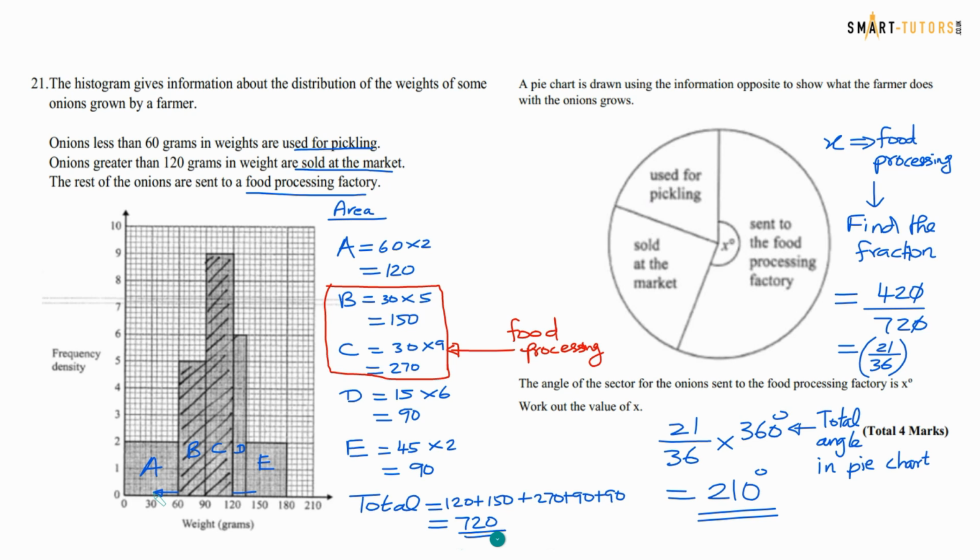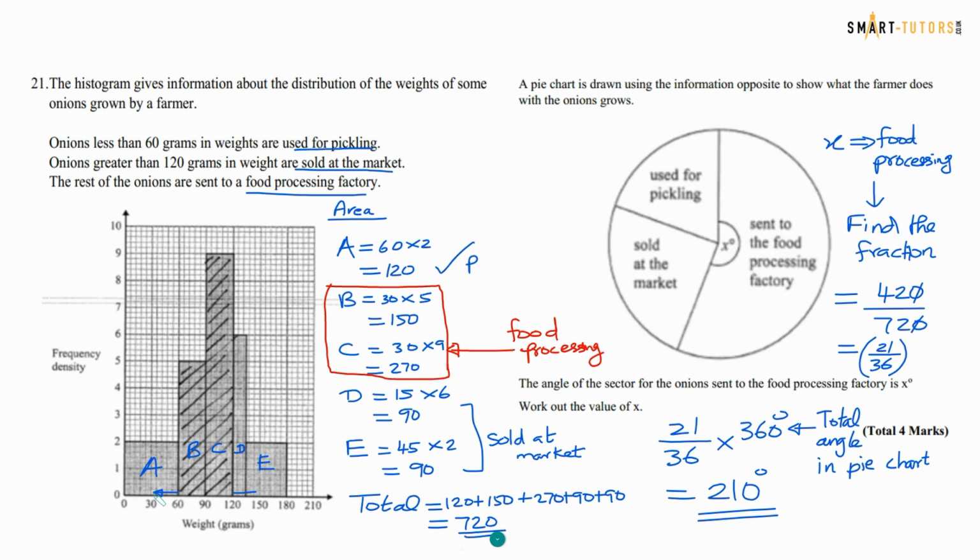So A is going for pickling, and D and E are sold at market. Now the rest of the onions are sent to the food processing factory.